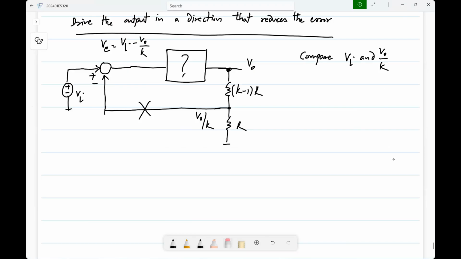So let me call this VFB, for the feedback voltage.